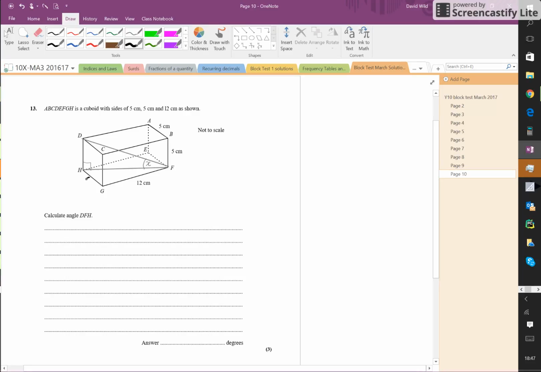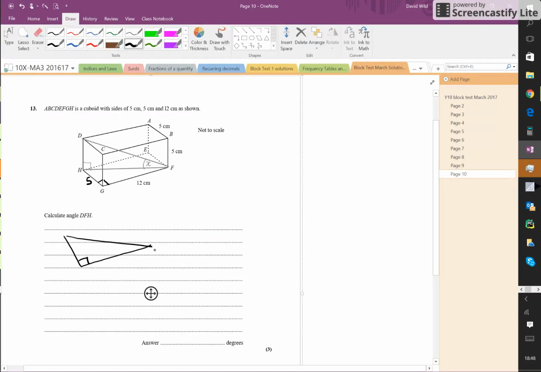So remember that this length here is 5, because this length here is 5, which means this length here is 5. And we end up with this triangle here. This is another right-angled triangle with half of that base there. It looks like this. This is the triangle that we're dealing with here.